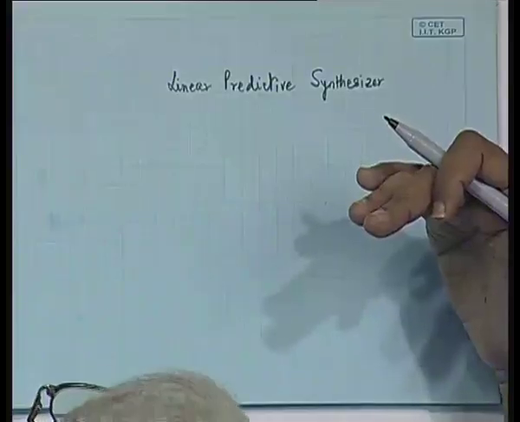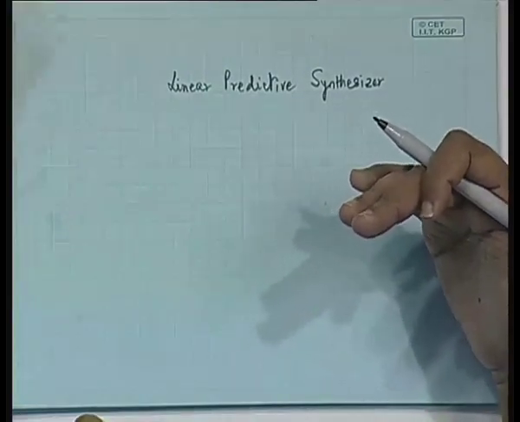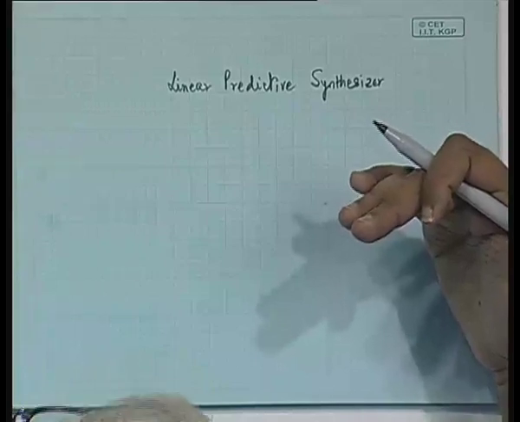But we can still continue to use the autocorrelation method if we use the LPC parameters to flatten the spectrum, and those also we will be studying. So it is not only the linear predictive synthesizer, but also those aspects.